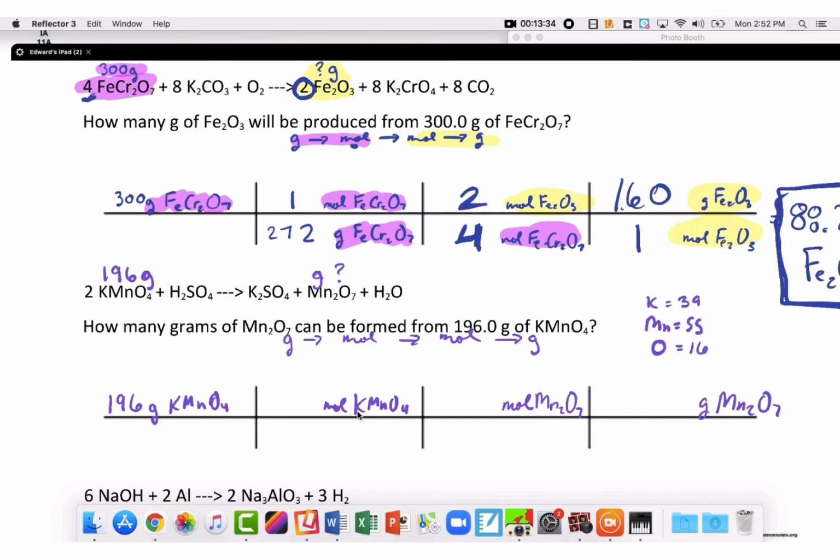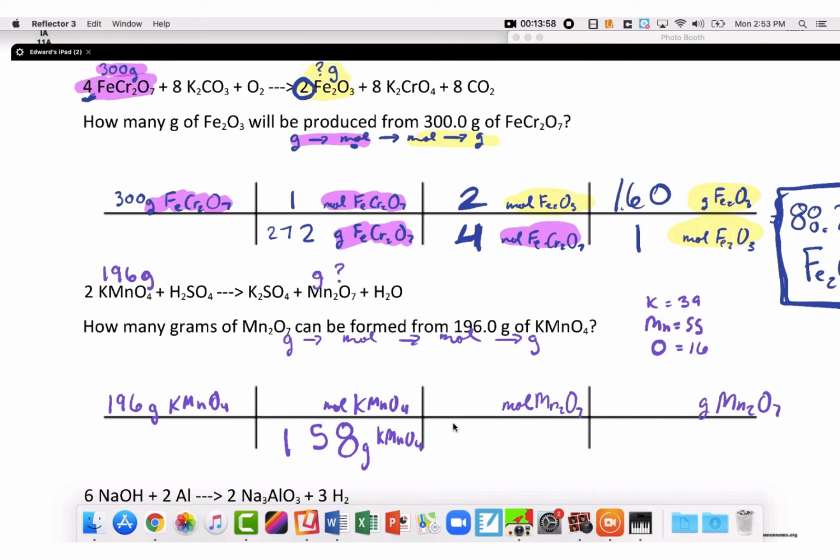Click, click, times 4. Click, enter, 158. So this is 158 grams KMnO4.